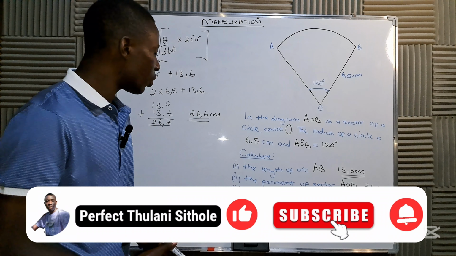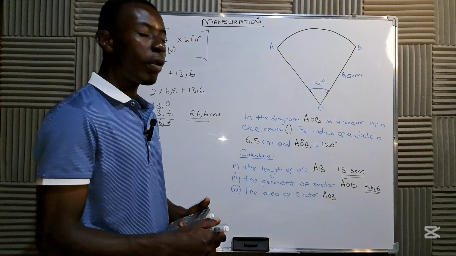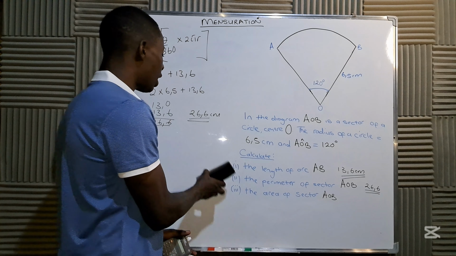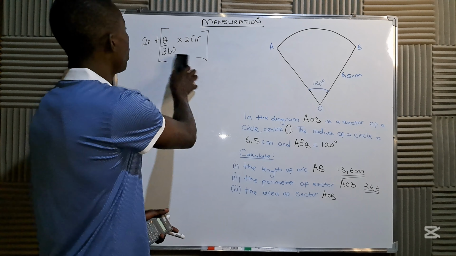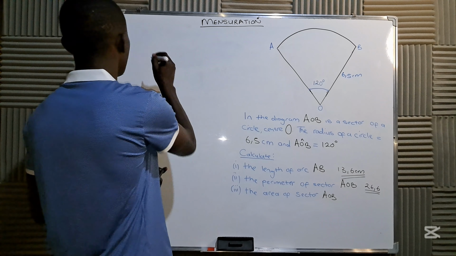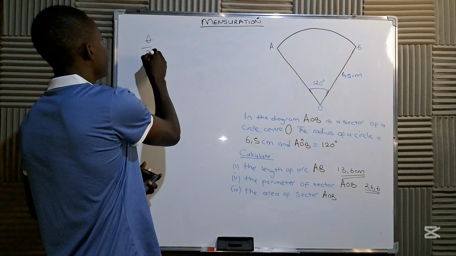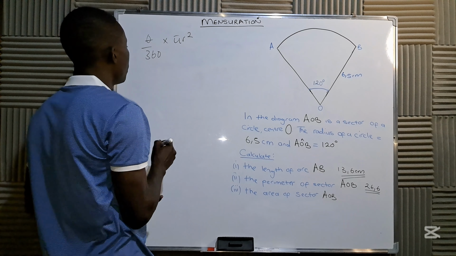So let us continue. The third question is asking for the area of the sector AOB. So the formula for the area of the sector is theta over 360 times pi r squared.